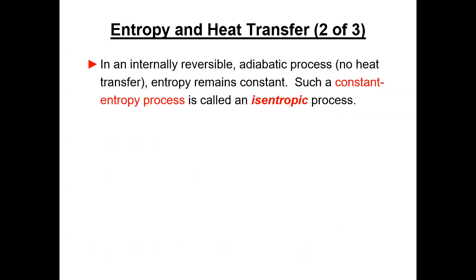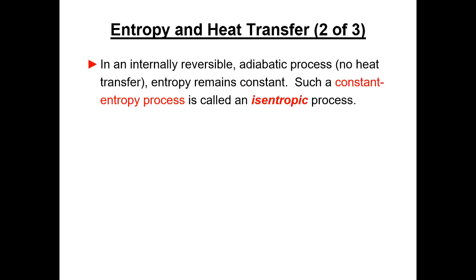Okay, and in an internally reversible adiabatic process, if there's no heat transfer and there's no irreversibilities, entropy can't change. So this is the definition of the isentropic process. There's a few of these things you need to memorize. When you hear isentropic, you say adiabatic reversible.